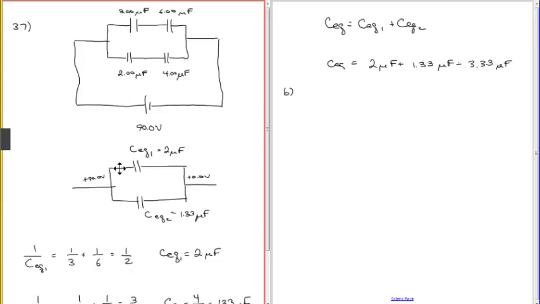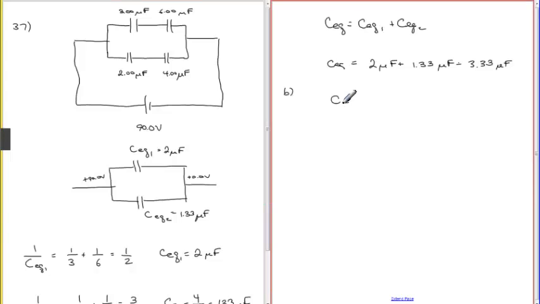Because these are parallel, you have the same total voltage across this part of the circuit as this part of the circuit because they're connected. So the voltage here has to be the same as the voltage there, and the voltage at this point has to be the same as the voltage there. The amount of charge on this plate, which would be the same as the charge on this side of this plate, we can get from the definition of capacitance.